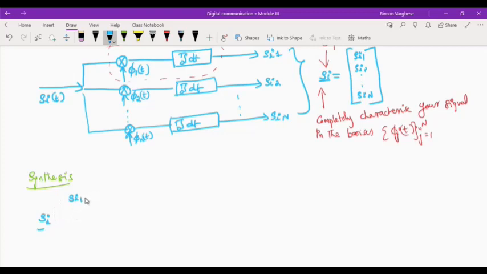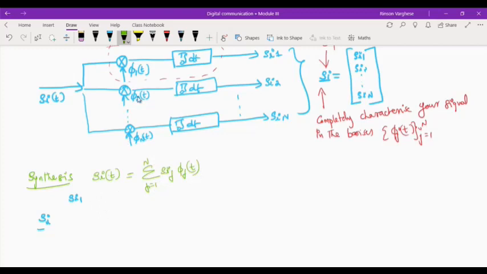To reconstruct that, I need to implement this equation, that is s_i(t) is equal to sigma j equal to 1 to n of s_ij phi_j(t).